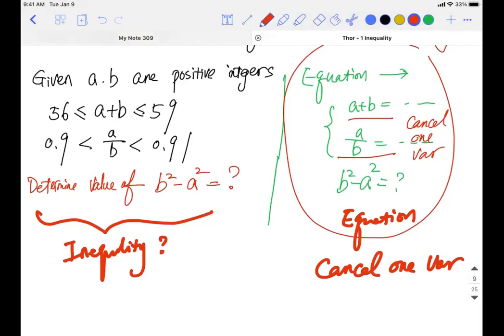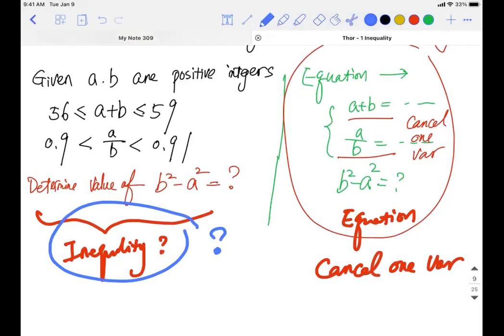Can we do something similar for the inequality? You also have two variables. Maybe you can do some magic to cancel one variable and find out a range of another variable. Because our variables are all positive integers, if you get a range, you can actually count them out. They can be 1, 2, 3, 4, 5, whatever.